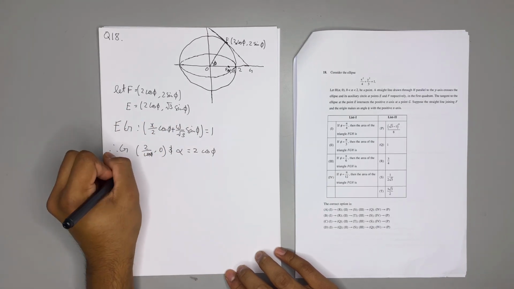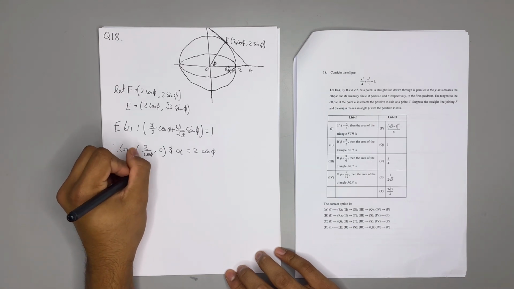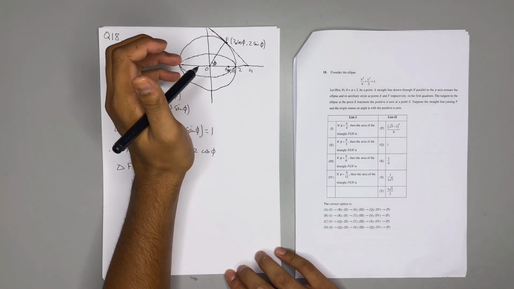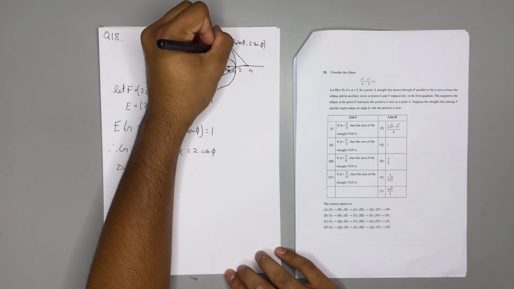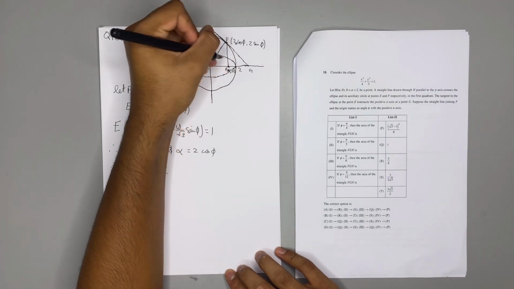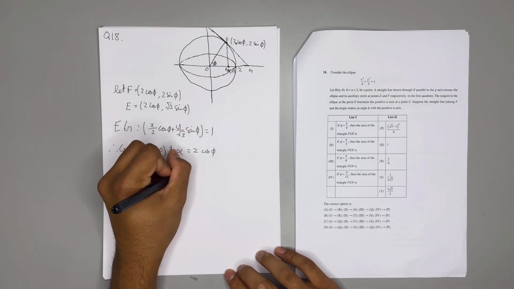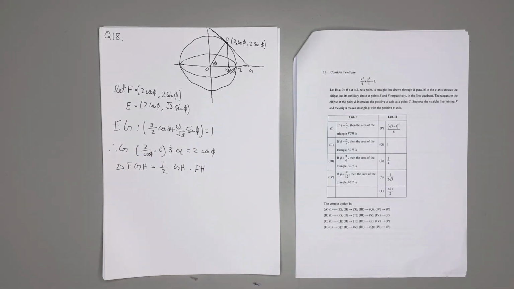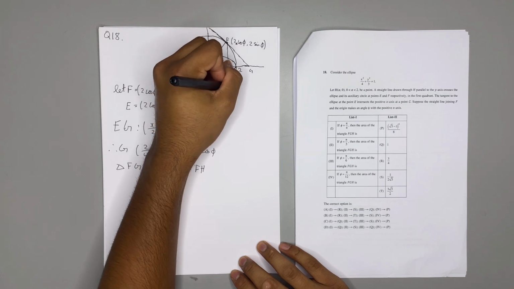Therefore, the area of triangle FGH equals 1 upon 2. We forgot this line up here, my bad. We get 1 upon 2 GH times FH in this case. Point E is over here.